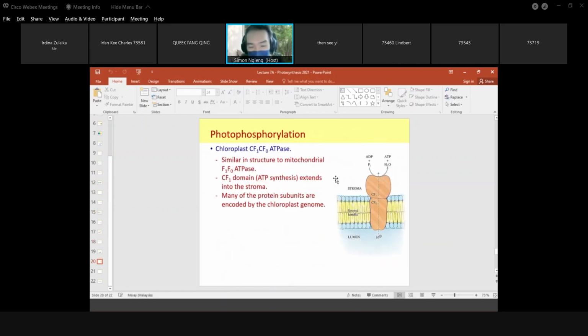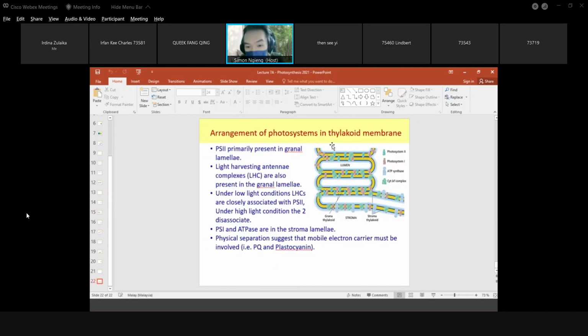If you look at this picture here, this is your thylakoid. This is your lumen, and this is your stroma. If you follow the color indicator here, you have photosystem 2 and photosystem 1. Depending on the light condition, the light harvesting antenna, abbreviated as LHC, which is basically your chlorophyll, is also present in the lamella, which is this one.